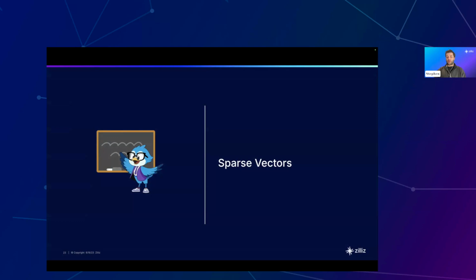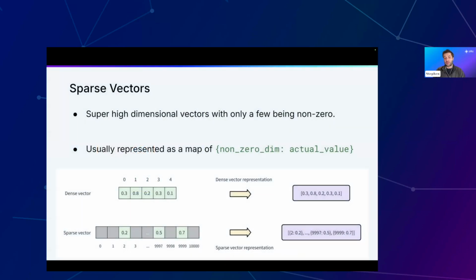As a bit of an intro, for BM25 we're not using dense vectors, we're using sparse vectors. As a reminder, sparse vectors are really high dimensional vectors with only a few non-zero values, usually represented as a dictionary of position and value. In the image, the dense vector has dimension 5, so you have a list of length 5 with the values.